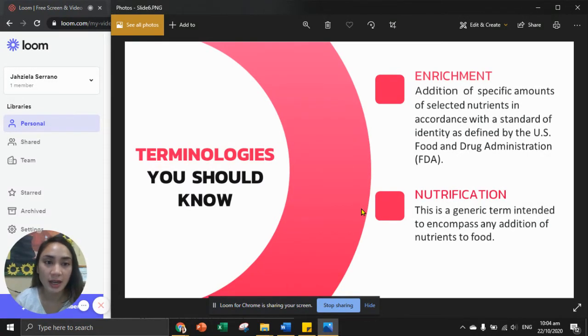So, lahat ng may mga labels, usually naman dinedeclare nila yon. So, next is nutrification. So, this term is generic lang siya kasi it's intended to encompass any addition of nutrients. So, any addition of nutrients, ang term doon is nutrification.